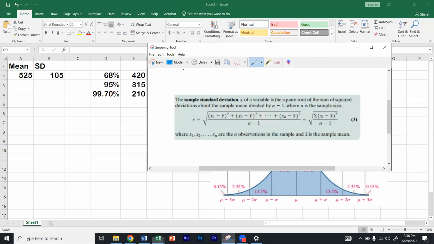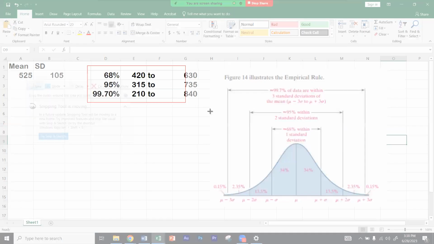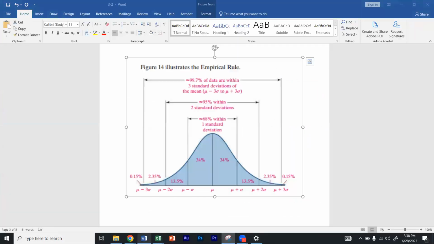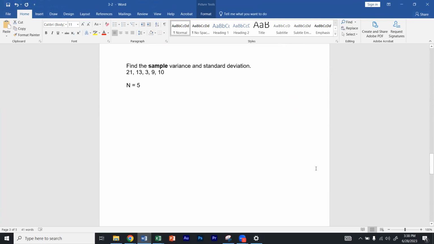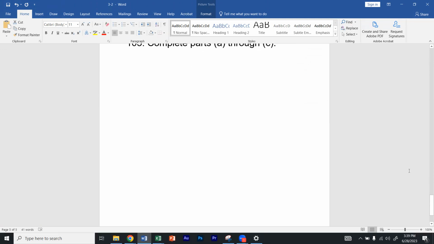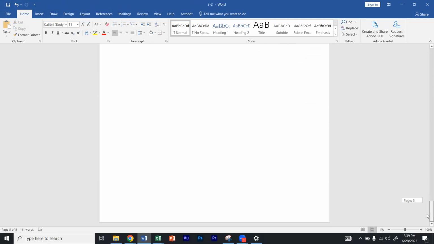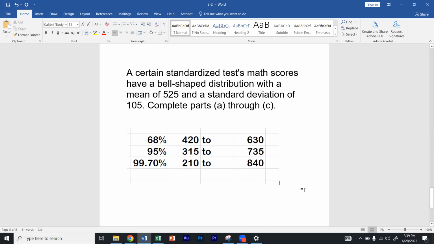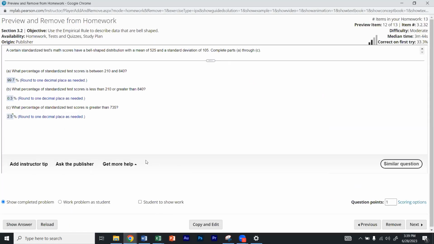Okay, just gonna cut it so that we know we didn't mess up while copy pasting. Okay, that's fine. All right, 420 to 630.